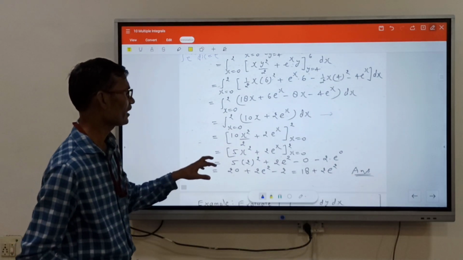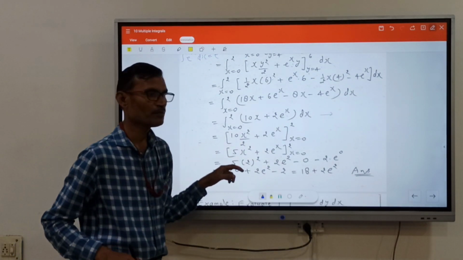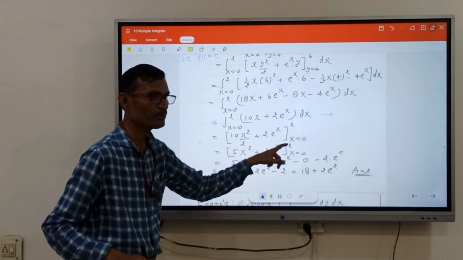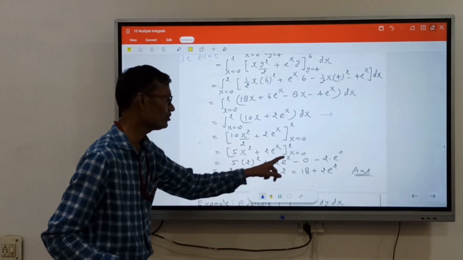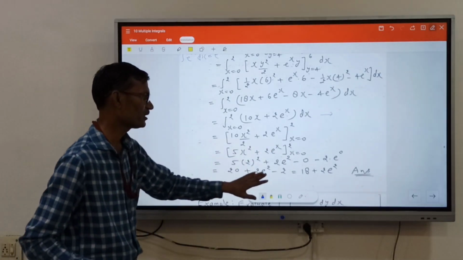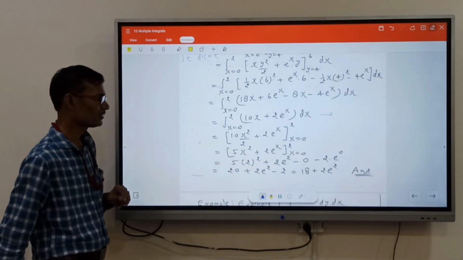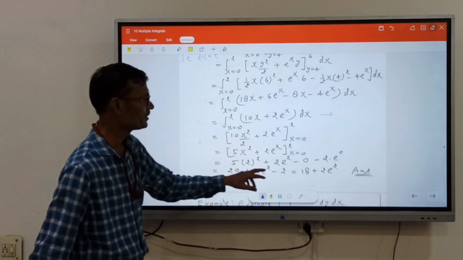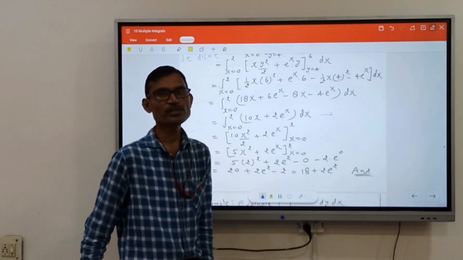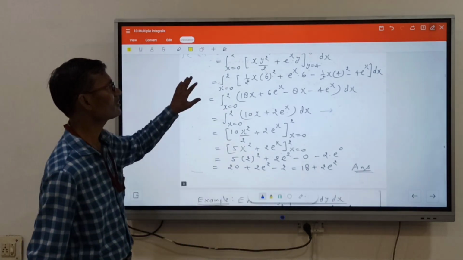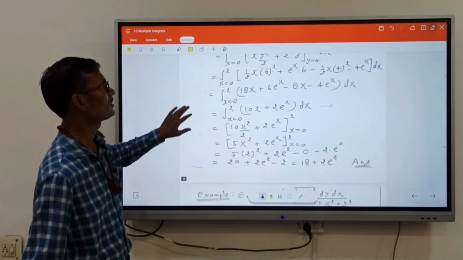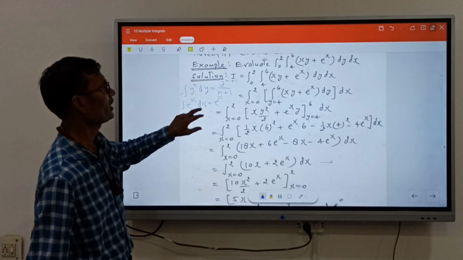Then again evaluating the limits for x equal to upper limit minus x equal to lower limit, this is the result. It means 18 plus 2 into e square, and this is the result of the first double integral.